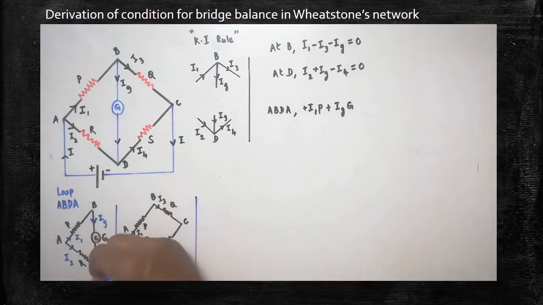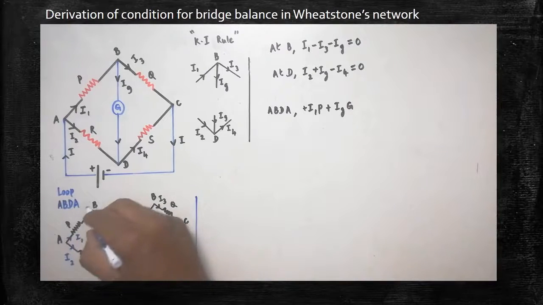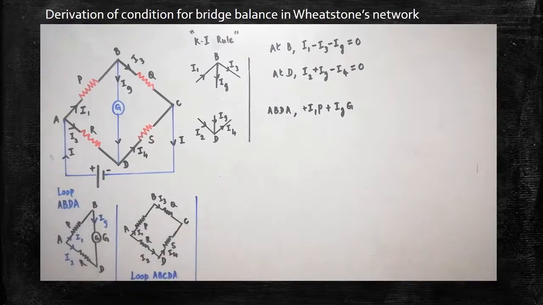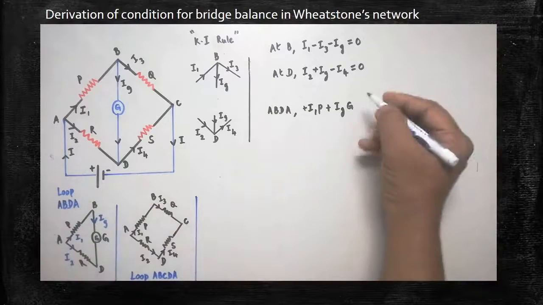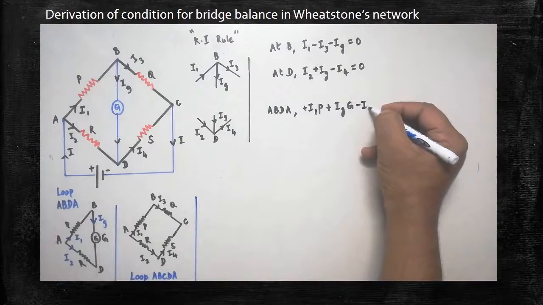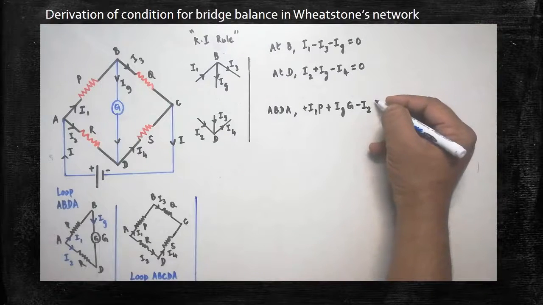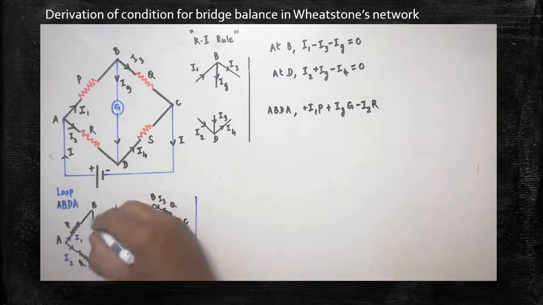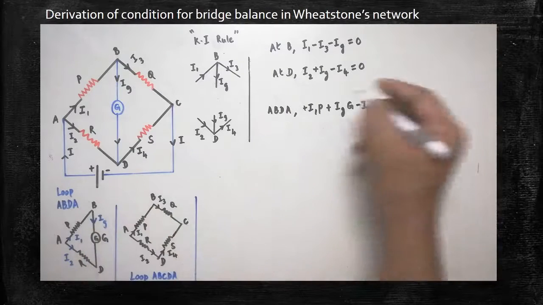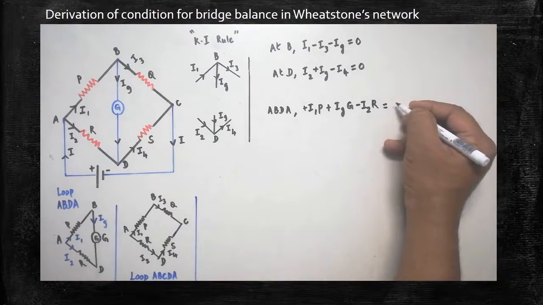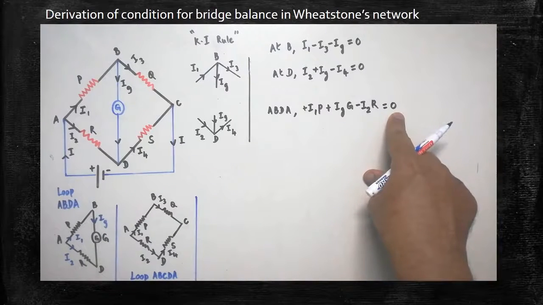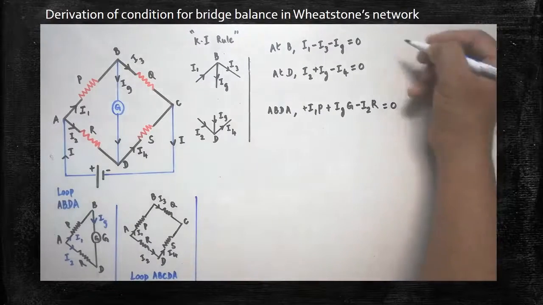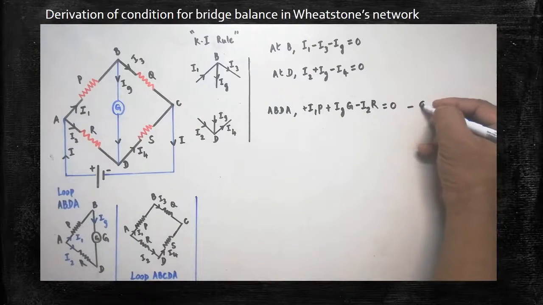Here in this arm, while traveling, I travel in this direction, but the current flows in the opposite direction, therefore minus I2R must be written. In this arm there is no EMF, there is no battery, therefore it can be written as 0. So this can be taken as equation 1.